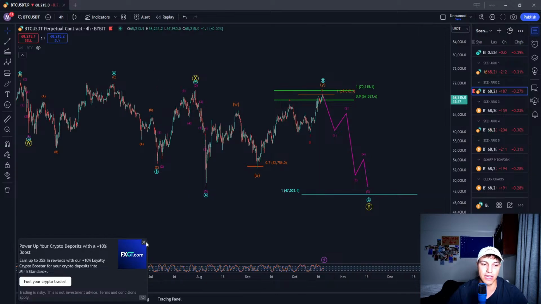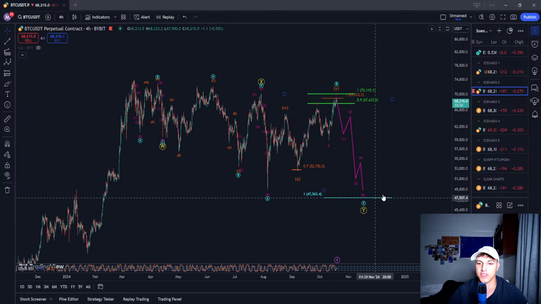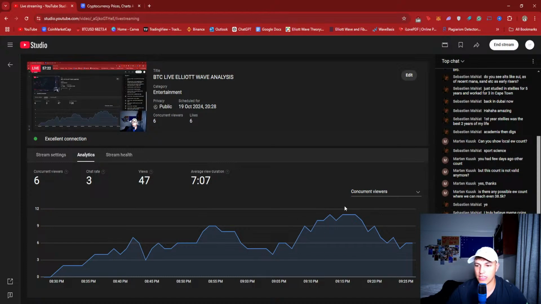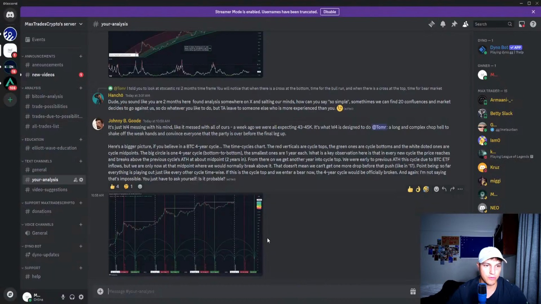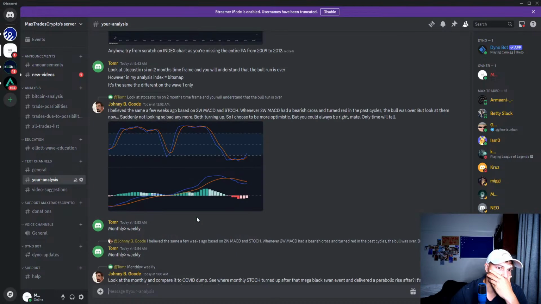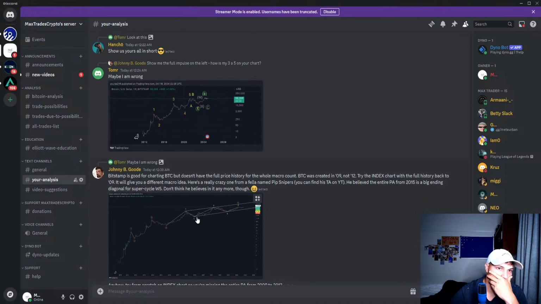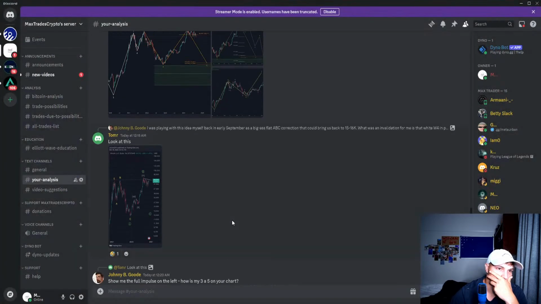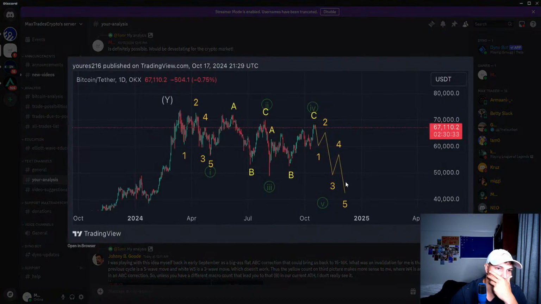So this is wrapping up the scenario here. This is the alternative scenario. We are still looking for a 5-wave structure to the downside from here. Cool. Look at Tomer's Discord scenario. Okay, this is the scenario you're talking about here.